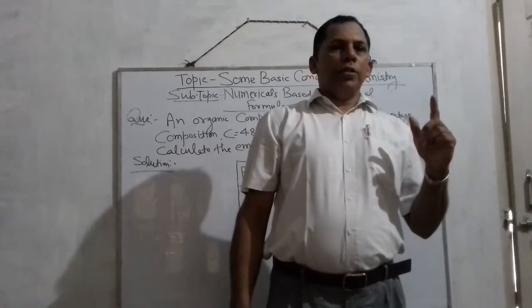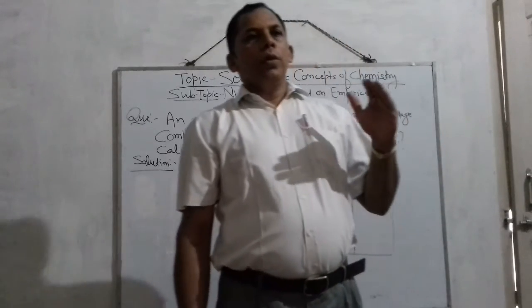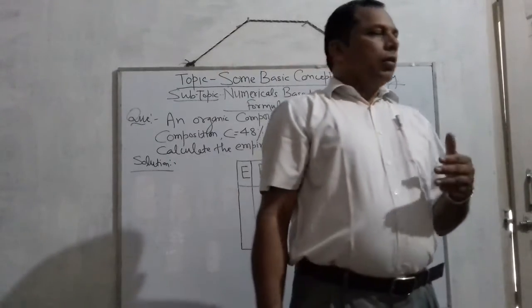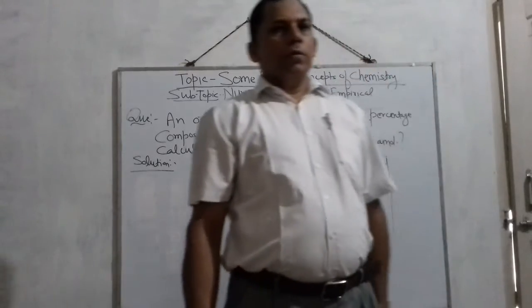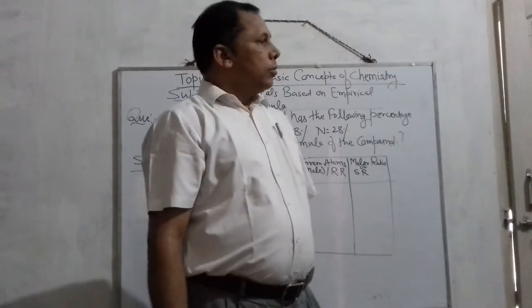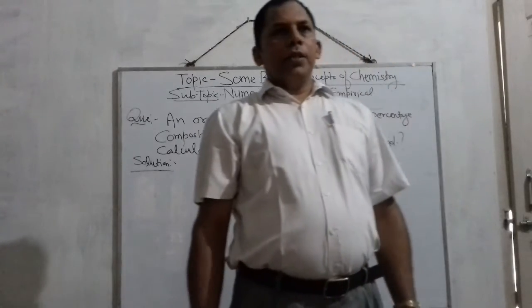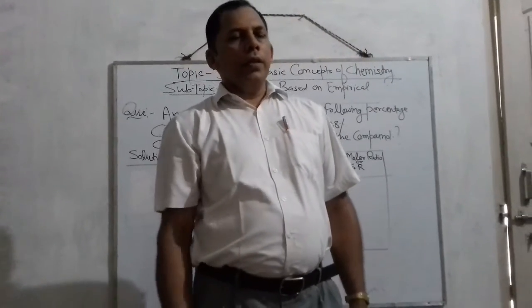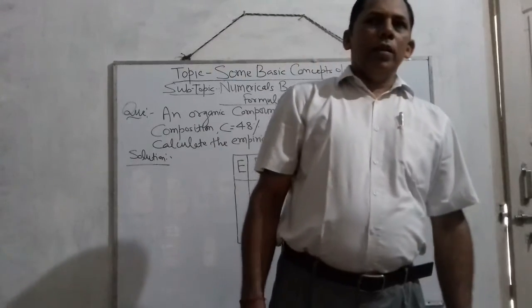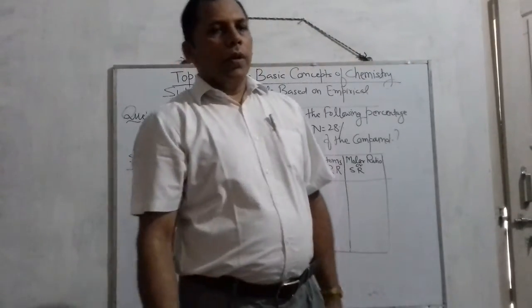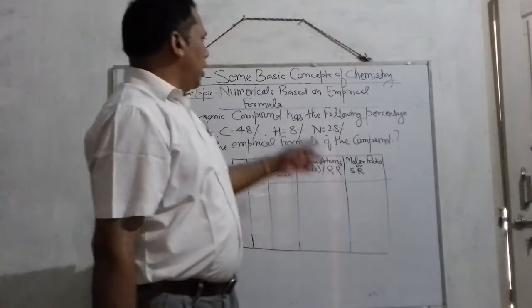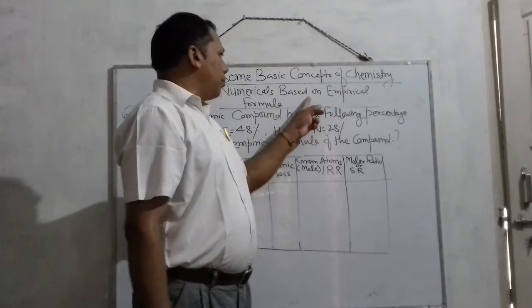Then you will be in a position to determine the empirical formula of the compound. So on the same basis, in today's lecture, we are going to study some numericals based on the empirical formula of the compound.